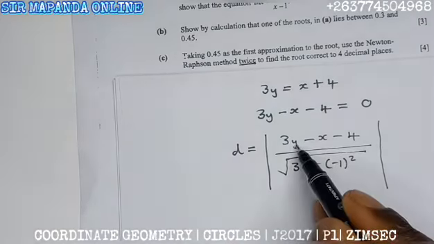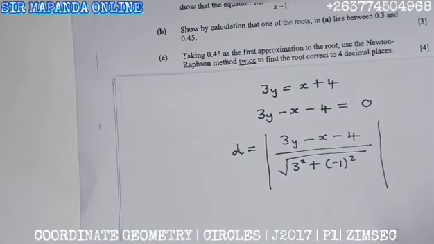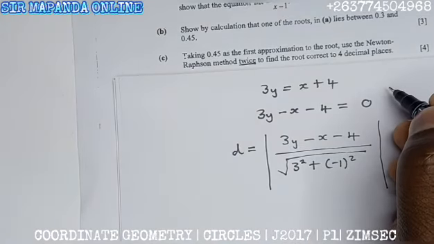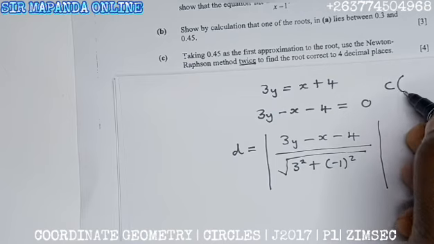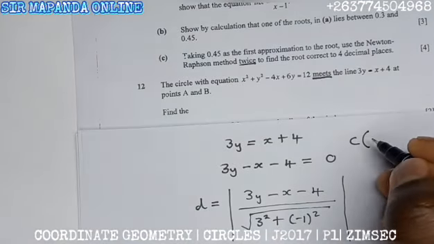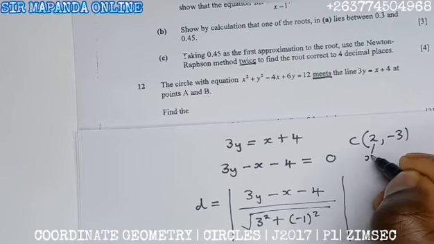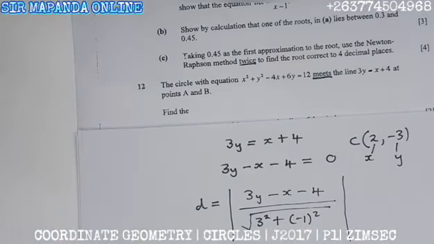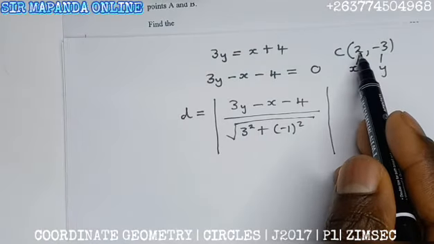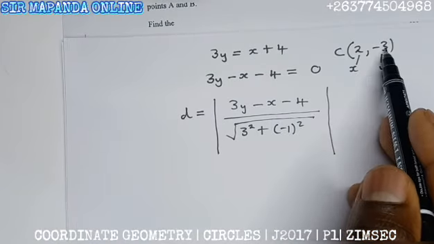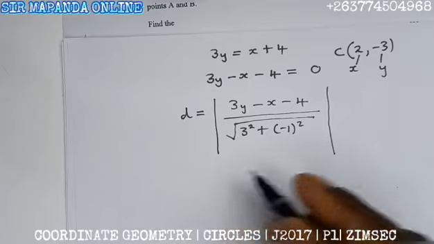Then on y and x, you put the coordinates of the center. The coordinates of the center were calculated in the first part of the question. We got 2 and minus 3. So 2 is x, minus 3 is y. I'm going to put 2 on x, then you put minus 3 on y.